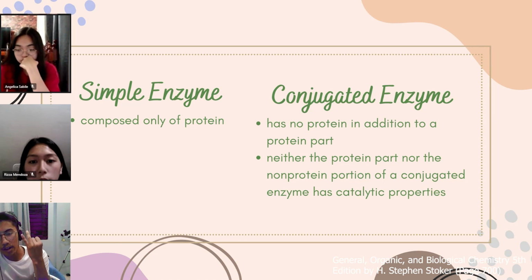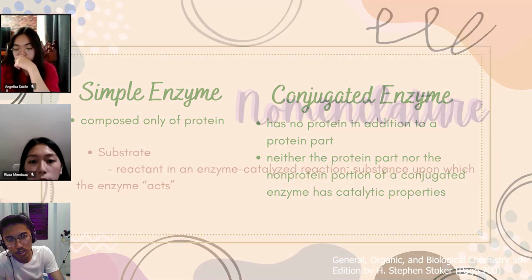When we say cofactor, it is the non-protein part of the conjugated enzyme. And lastly, those 2 things combined is what we call the holoenzyme. It is basically just a combined apoenzyme and cofactor entity. So that is it for the 2 general structures.